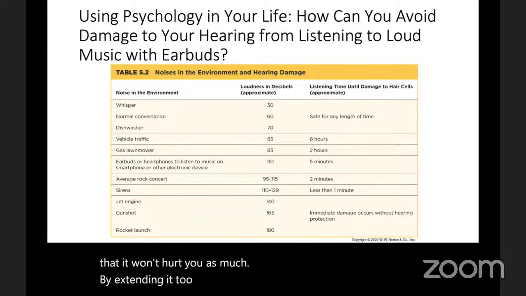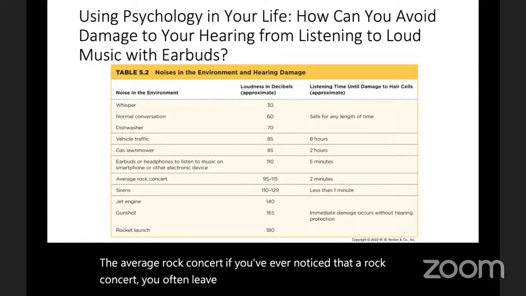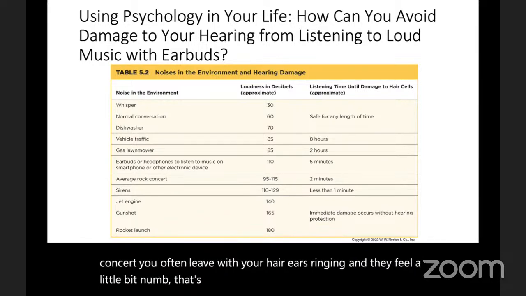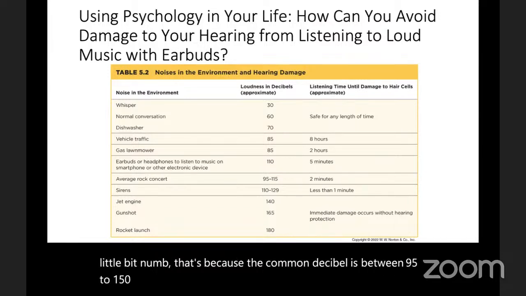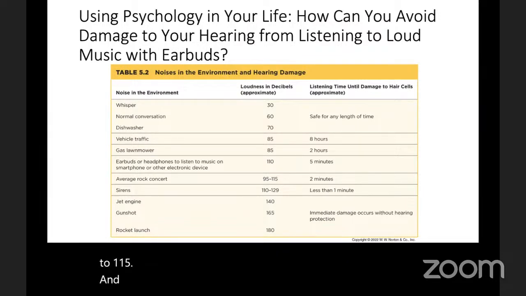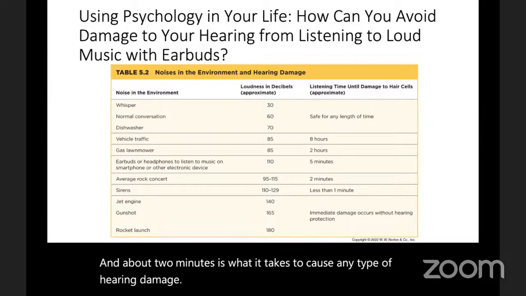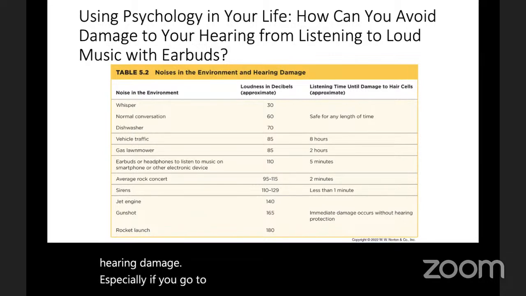to 5 minutes. The average rock concert, if you've ever noticed, you often leave with your ears ringing and they feel a little bit numb. That's because the common decibel level is between 95 to 115. And about 2 minutes is what it takes to cause any type of hearing damage, especially if you go to concerts constantly.